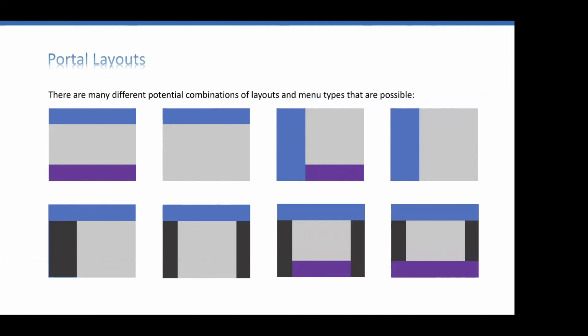Basically, the way I've tried to lay these different things out is the blue would be the header widget, the purple would be your footer widget, and then the gray is your content main area. So that first one, of course, is our default service portal layout. Also, the second one is pretty much default just by not including a footer.